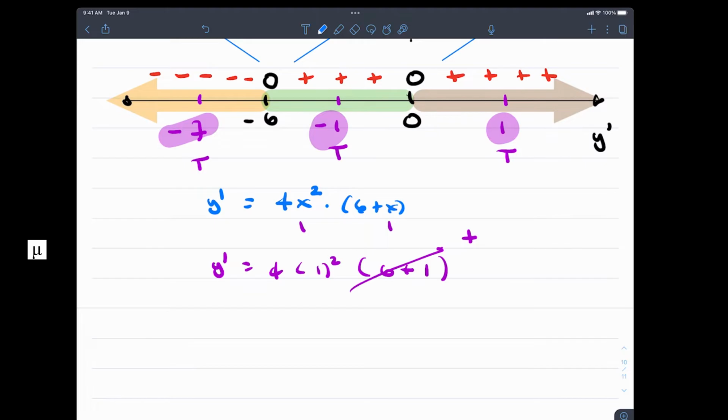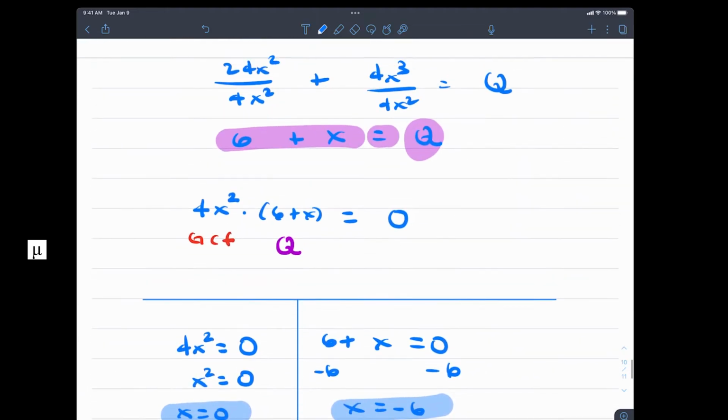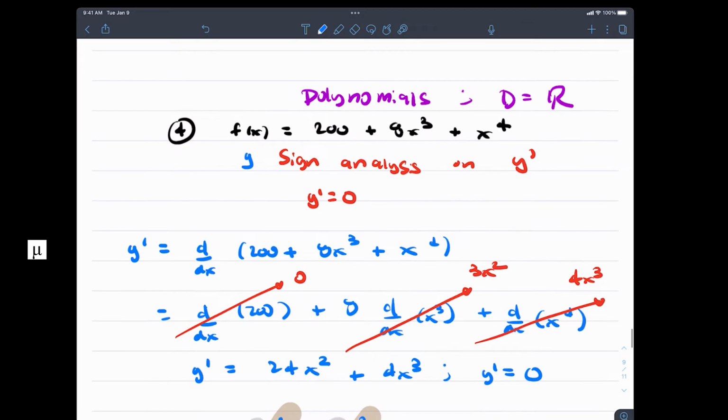Looks okay to me. Okay, let me look at this function here: 200 plus 8x cubed plus x to the 4th.